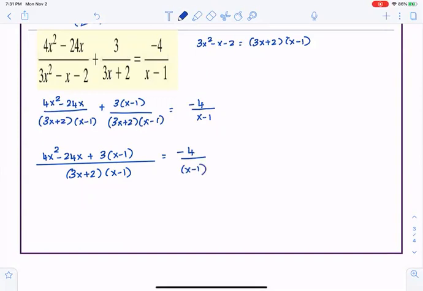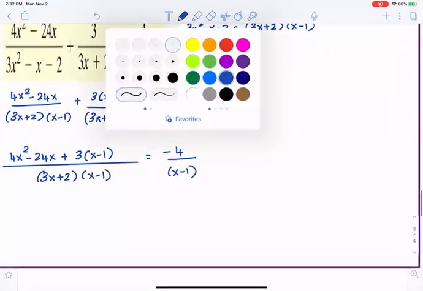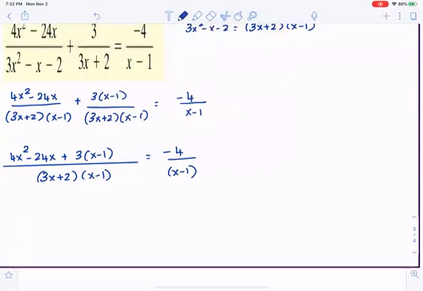So now I have a rational expression by itself on the left-hand side, and I have another rational expression by itself on the right-hand side. So I can directly cancel things out, if at all possible, which in this case is possible.